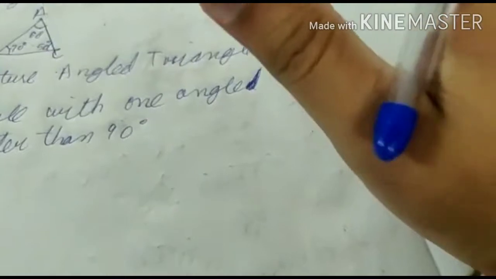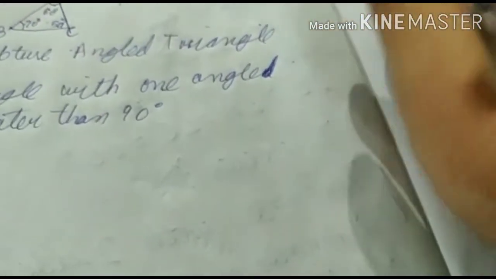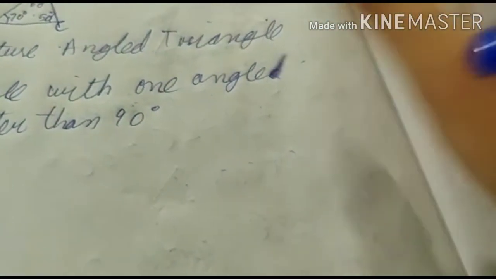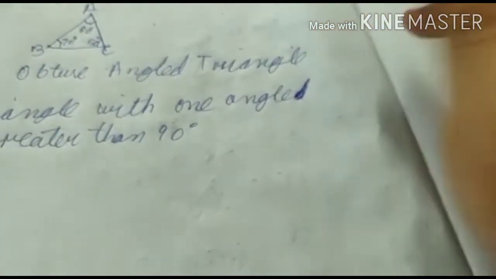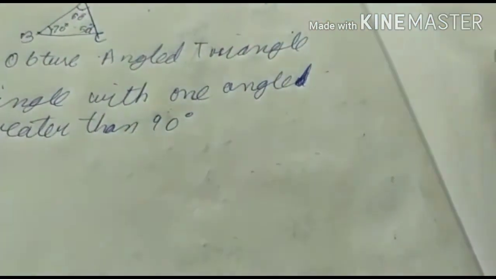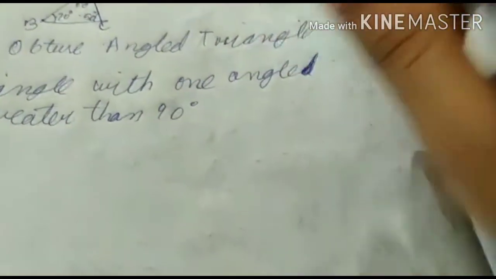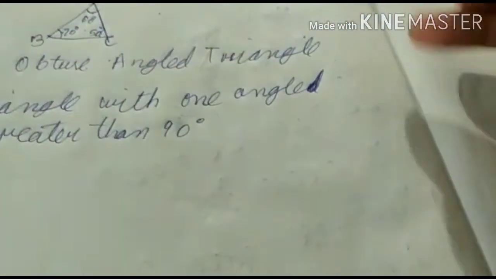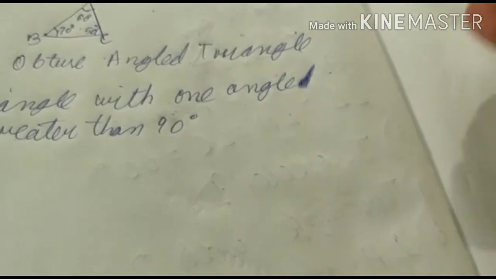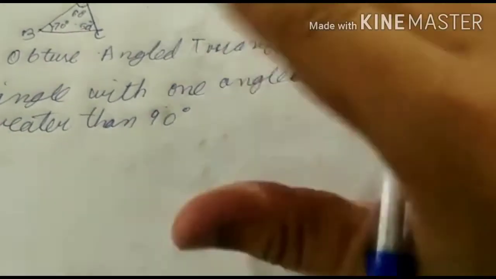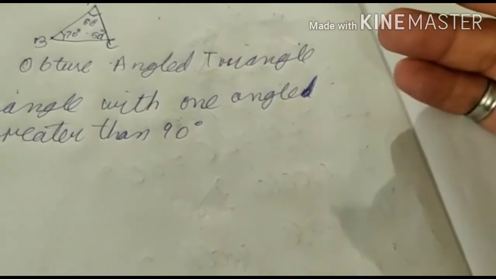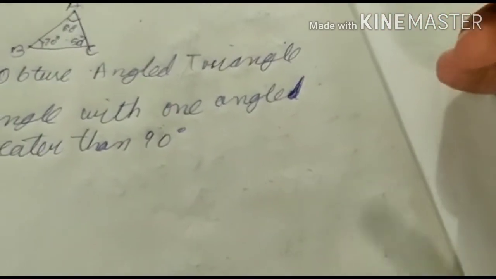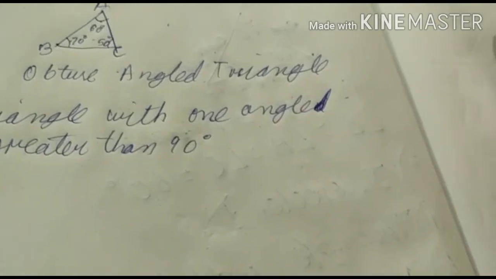Because if two angles were greater than 90 degrees, like two angles are 91 and 91, if we add 91 plus 91, it gives 182. But in a triangle, the sum of three angles is always 180 degrees, and here the sum of two angles is already greater than 180 degrees. So how can two angles be greater than 90 degrees?